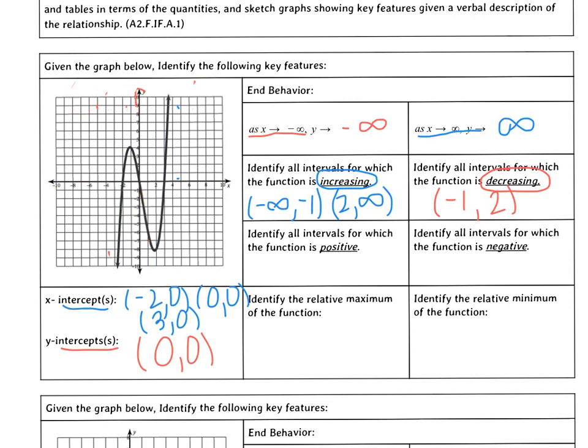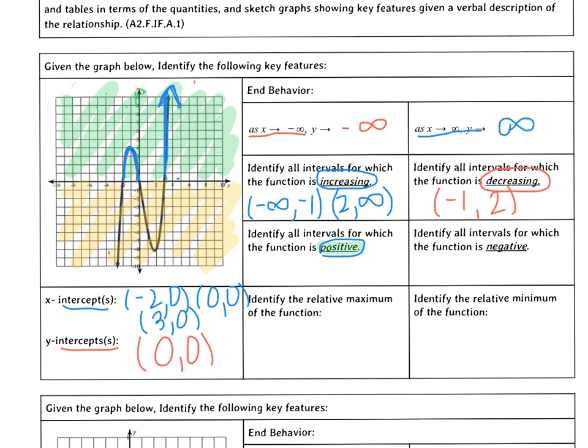Alright, so now let's take a look at where I have positive and negative intervals. So I want to remind you that the positive interval is just all the places where the graph is above the x-axis, and the negative interval is all the places where it is below. So I see that it is positive where it is green. So I am positive here and here.